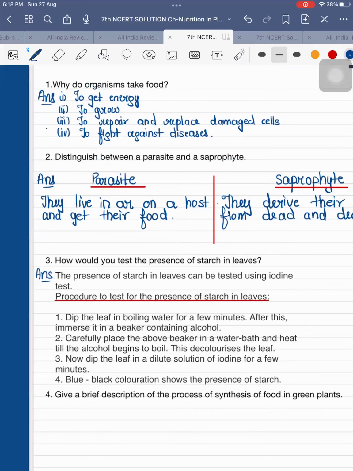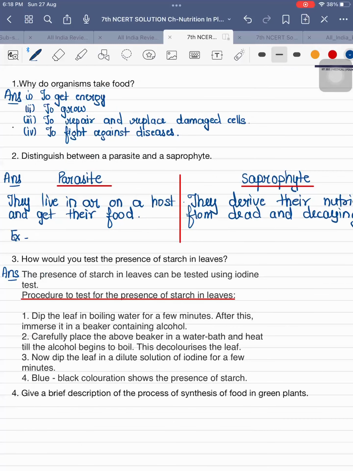Next one, parasite example, we can write Cuscuta, which is also called as amarbel. In saprophyte, we can write example fungi and bacteria also.